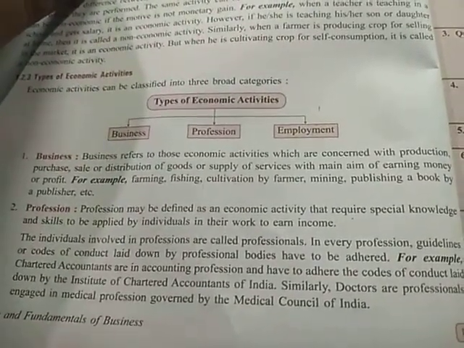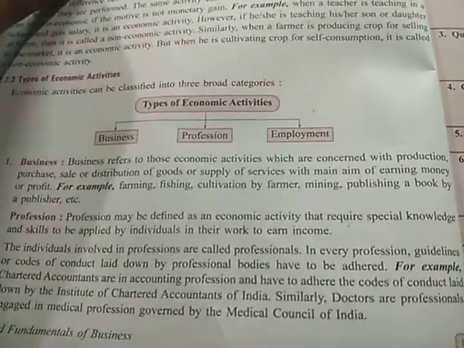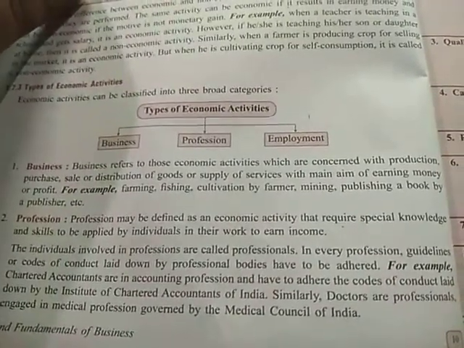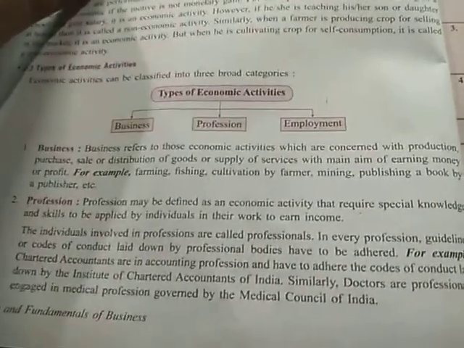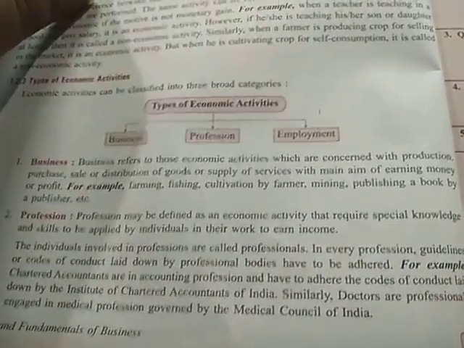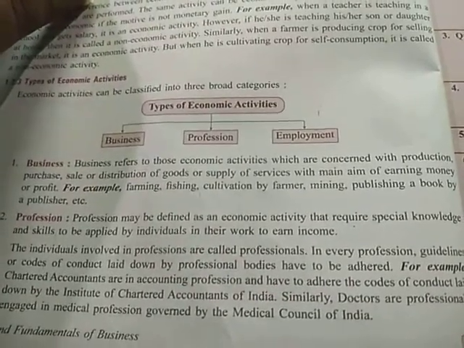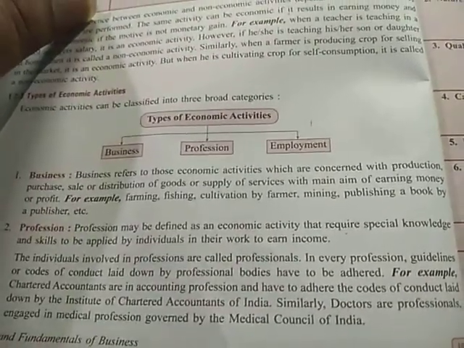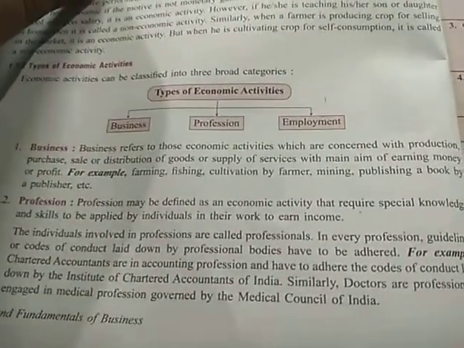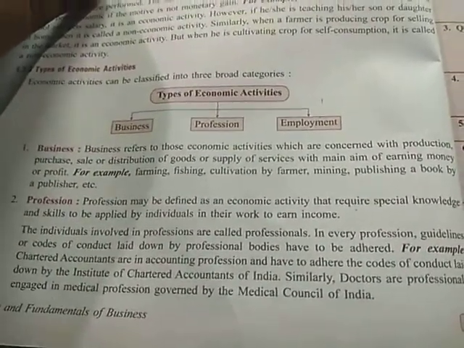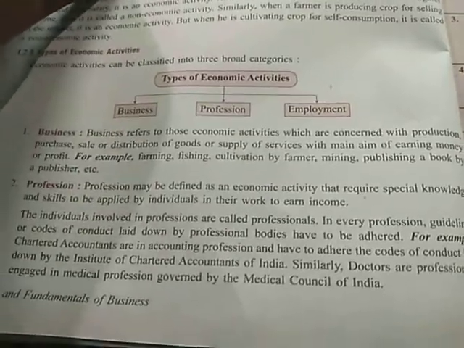Profession. Profession may be defined as an economic activity that requires special knowledge and skill to be applied by individuals in their work to earn income. Wherever individuals are engaged to earn money through applying special skill or knowledge, that is called a profession. For example, a doctor, a chartered accountant, a lawyer, a tailor, a barber.